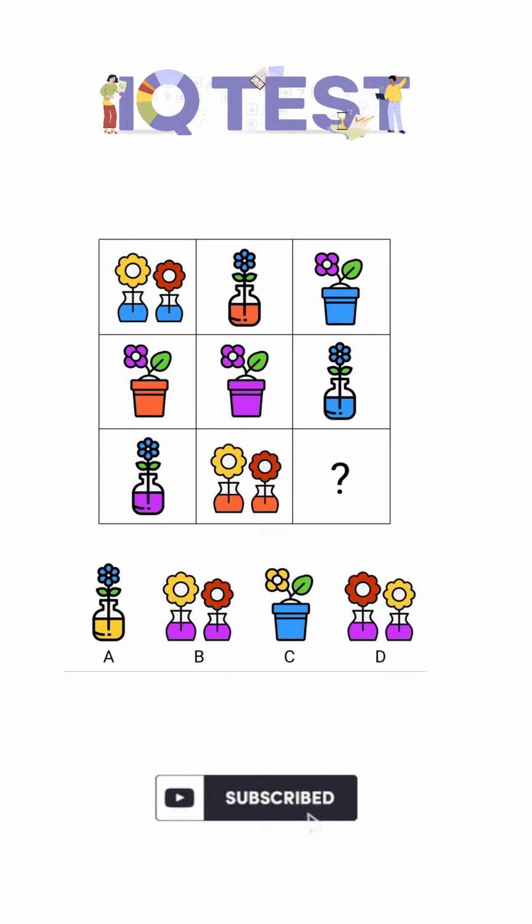It has the purple vase, which you can see in the last column, and then the yellow flower and the brown flower. So I am going for option B, and the answer I also have over here is B. Shukla, I hope you get it.